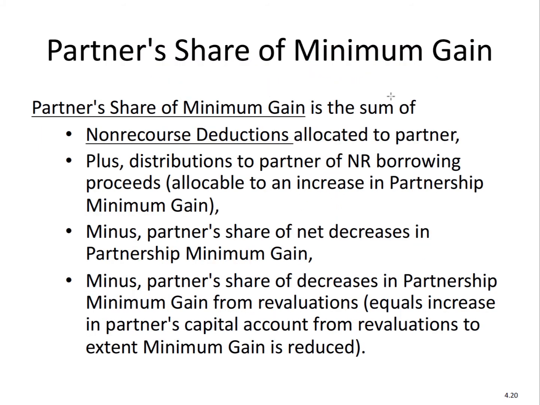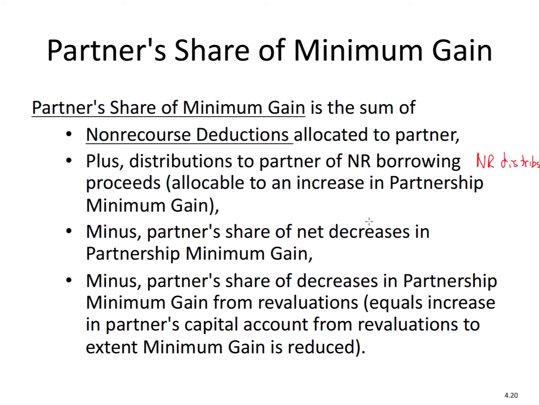Now, to calculate the partner's share of minimum gain for our calculation, it's the sum of any non-recourse deductions allocated to the partner plus distributions to the partner of non-recourse borrowing. We call these non-recourse distributions, NR distributions. This is an interesting concept.